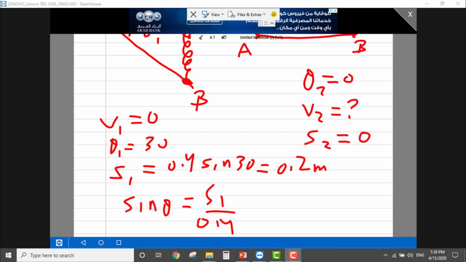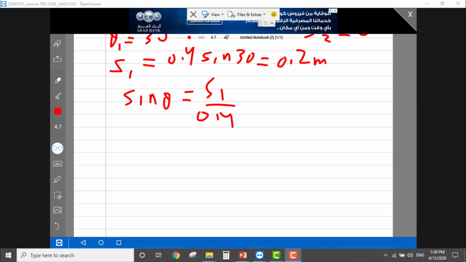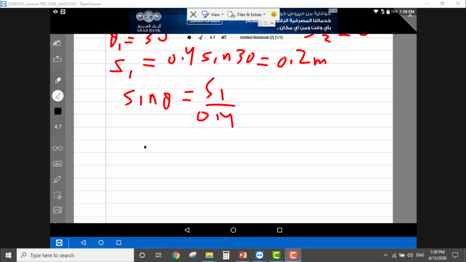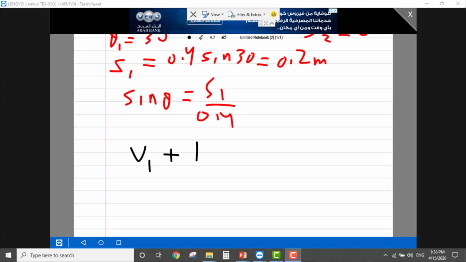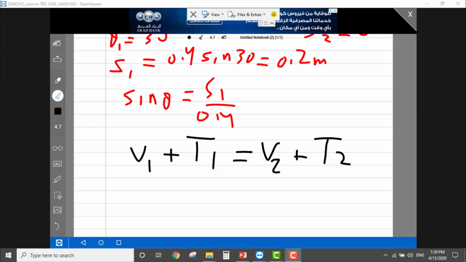Now, if I want to use the conservation of mechanical energy equation, then this is V1 plus T1 equal to V2 plus T2. Let me start solving one by one.